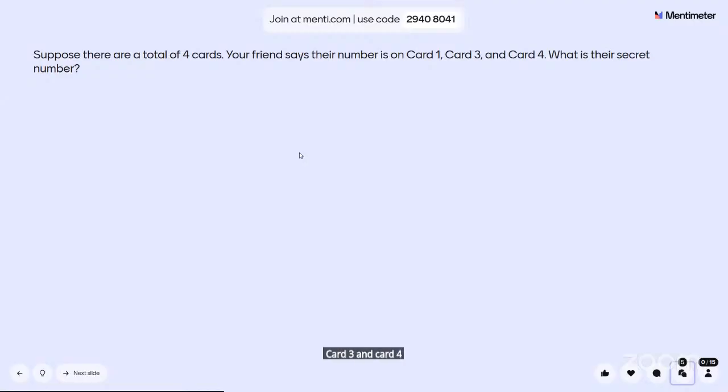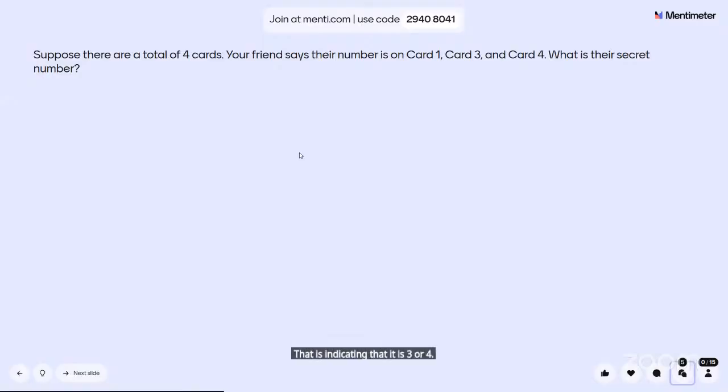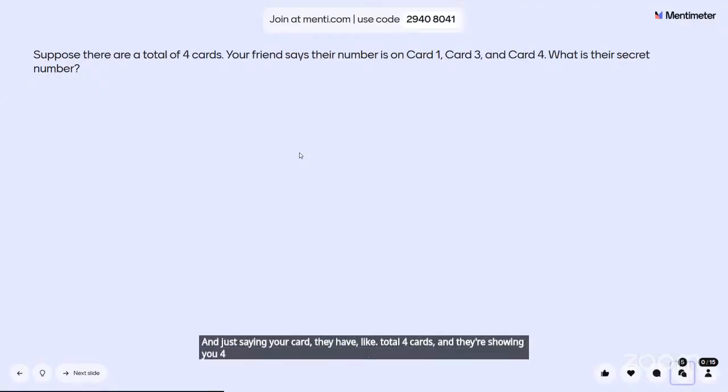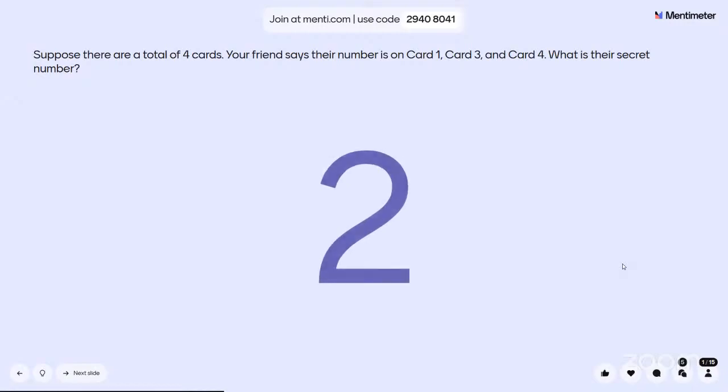Remember, the topmost left number is not indicating it. Your number is in card 1, card 3, and card 4. So can you guess what their secret number will be? You just have to type the number.